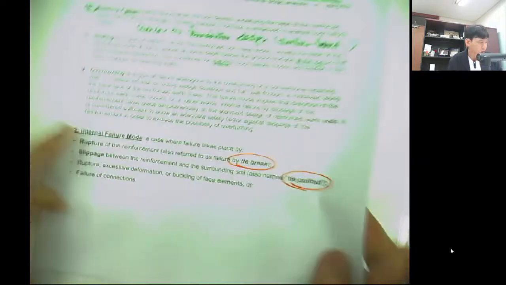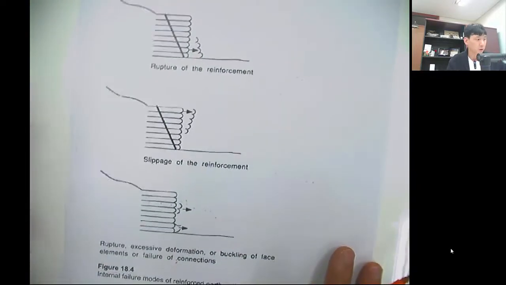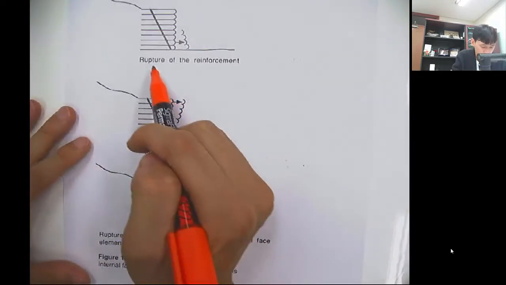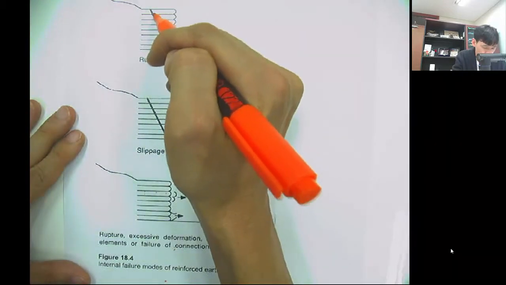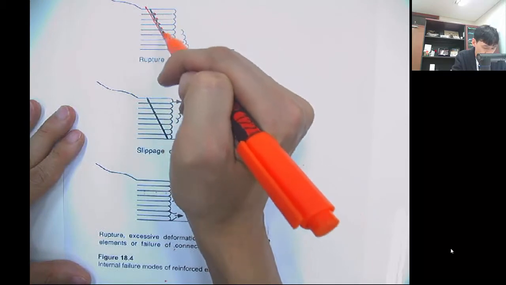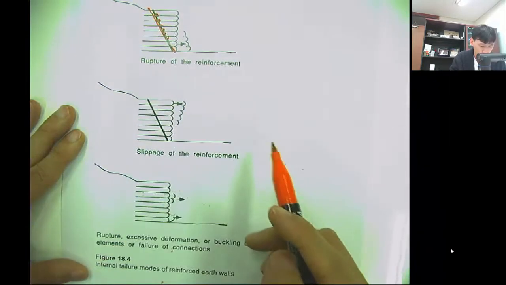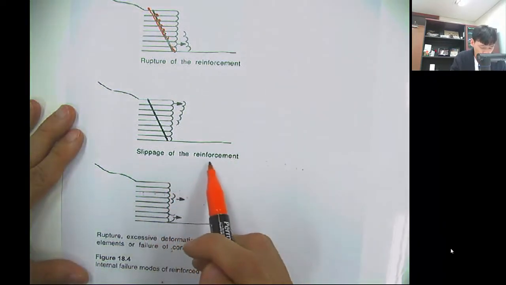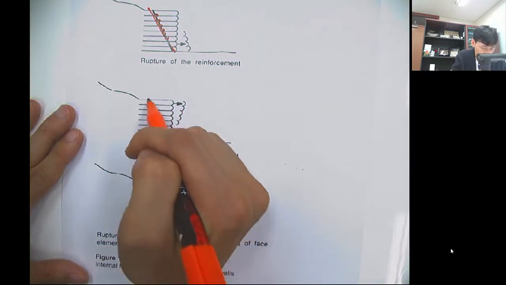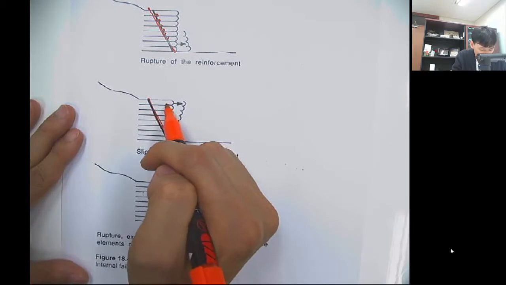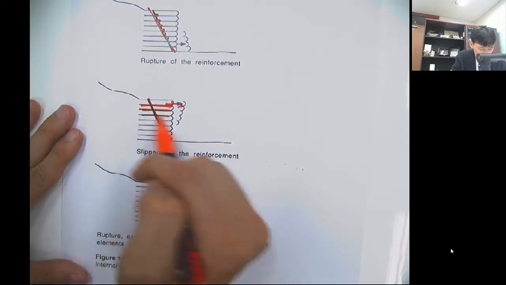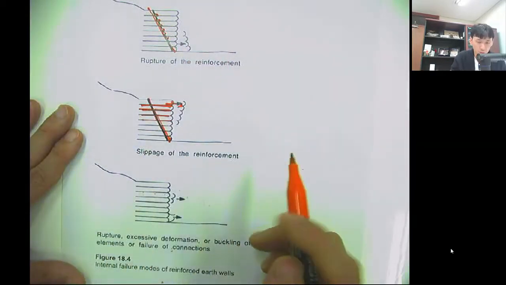And here are some pictures about the failure modes. The rupture can occur along the failure line, where you can see the strips were broken, and the slippage of the reinforcement is that along this failure line, if the soil moves, then this whole reinforced material can be pulled out.